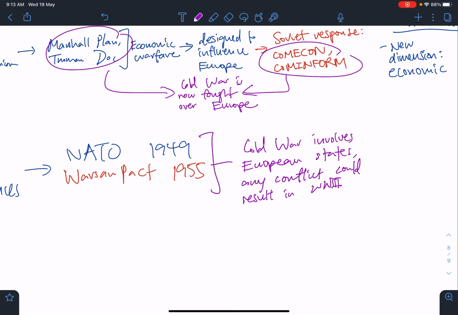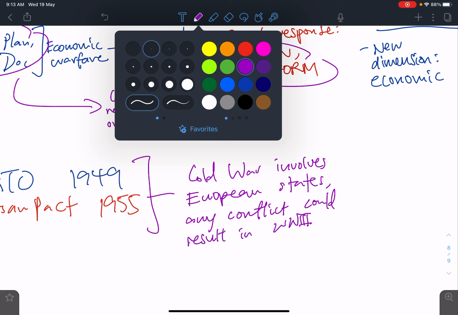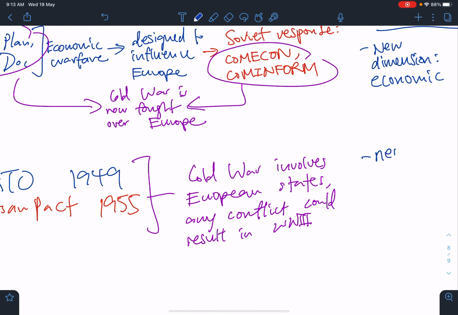Why? Because now it's not just the USA versus the USSR, but it is the whole of the NATO bloc versus the Warsaw Pact. Okay, and so what is my conclusion here? Might have a new dimension, which is military, and I also have an increase in scale.